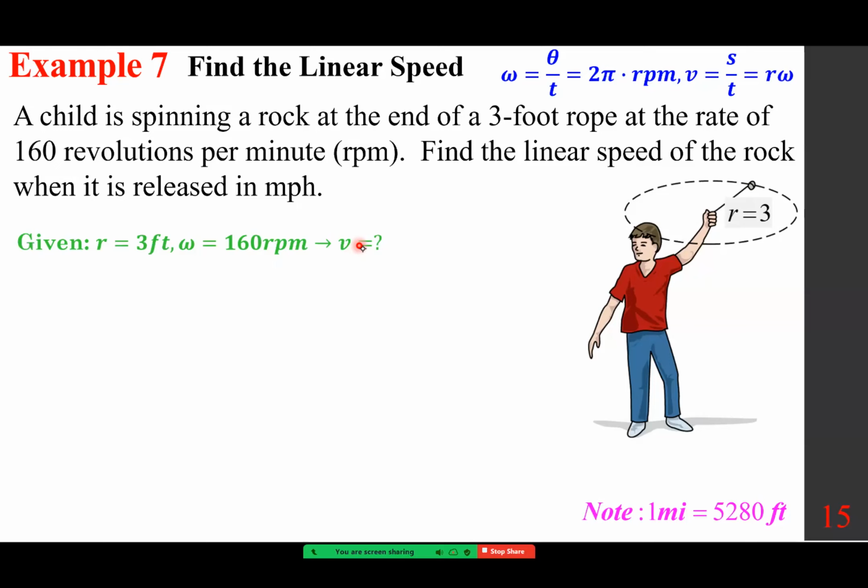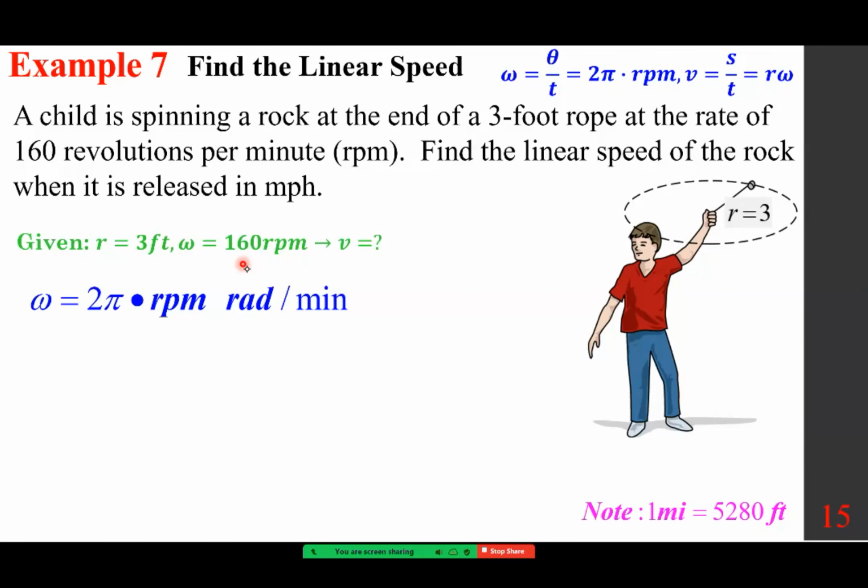First and foremost, we are going to change the format for omega. It has different units. The units are revolutions per minute. Each revolution is 360 degrees, or better yet, 2 pi radians. So one revolution is 2 pi radians, so this has to get multiplied by 2 pi. I hope you see why we multiplied by 2 pi.